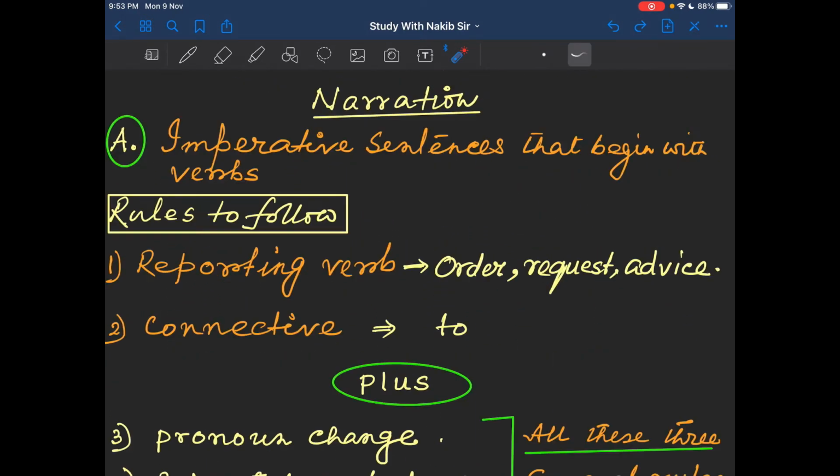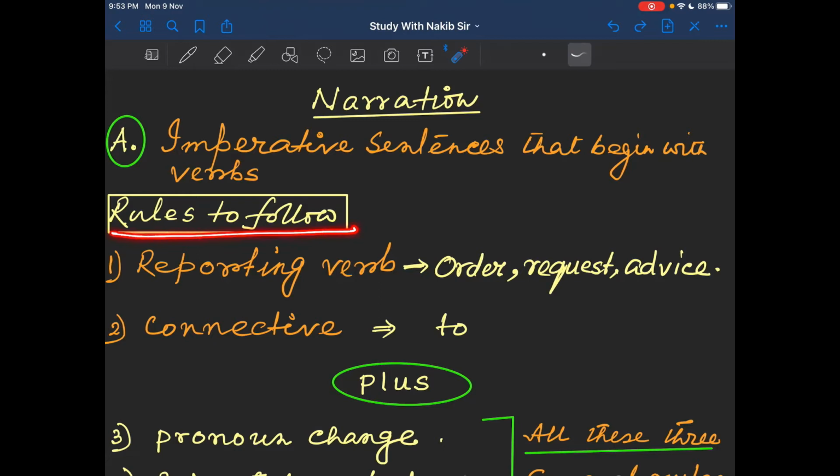Now see section A, narration of imperative sentences that begin with verbs. Section A, you have learnt, deals with the imperative sentences that begin with verbs and express order, request or advice. To change the narration of these sentences, you have to follow some rules.